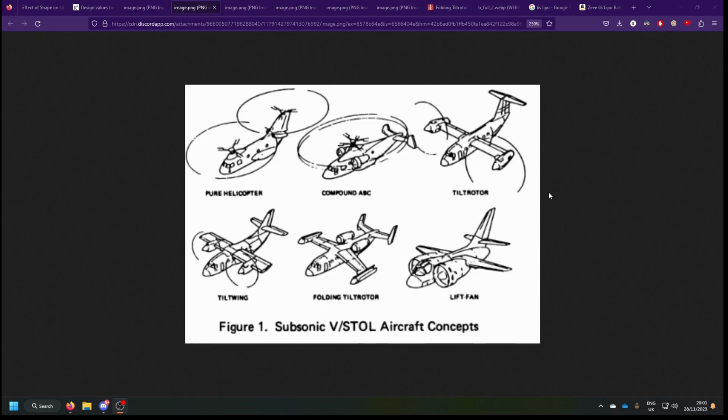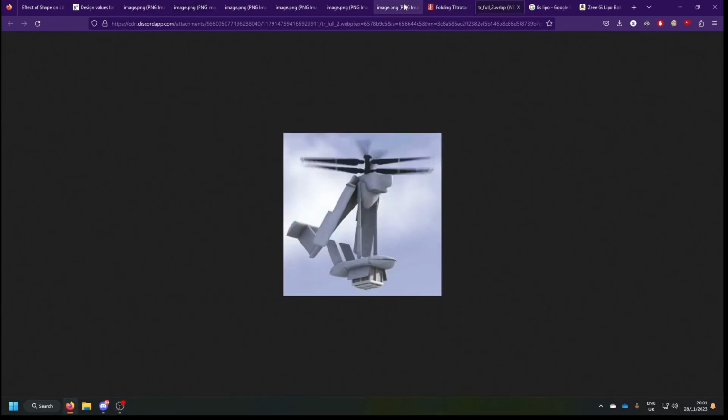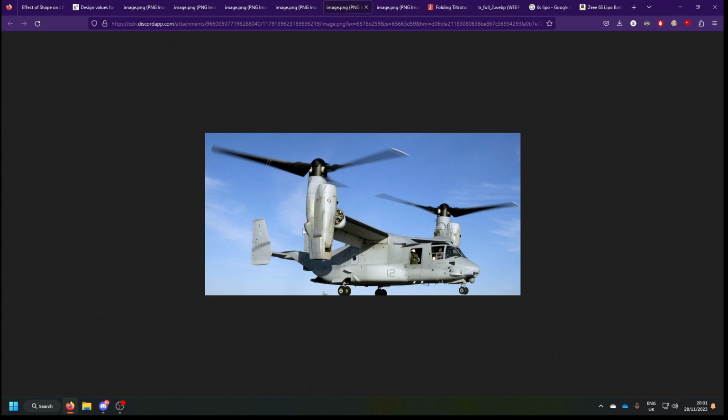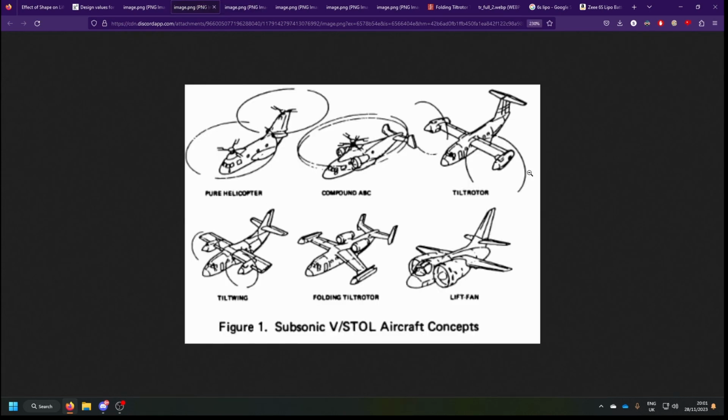So currently we've decided we're going to build a tilt rotor. You can see in this photo it's vertical, and when the rotors pivot into forward flight, like you can see in this photo on the top right, that's going to change where the mass of the rotor is relative to where it used to be.